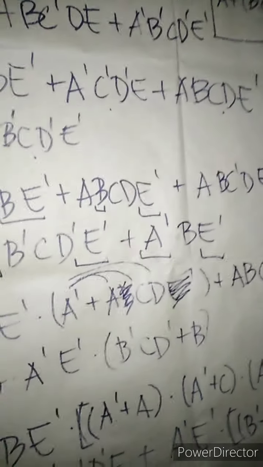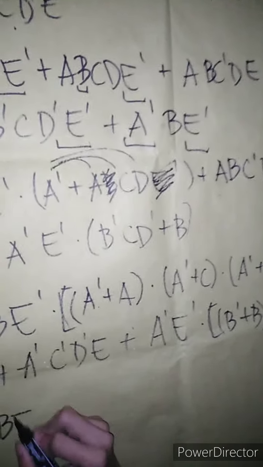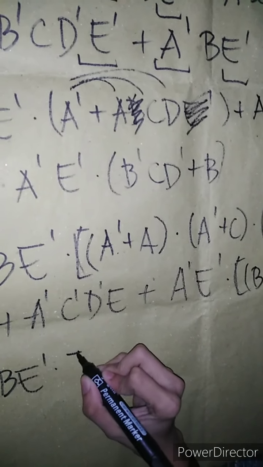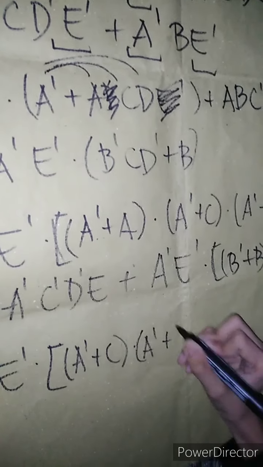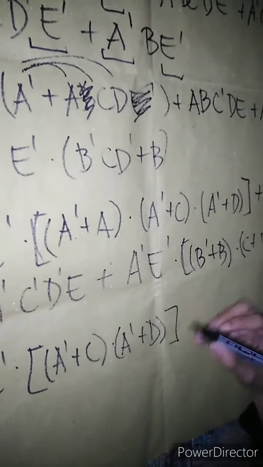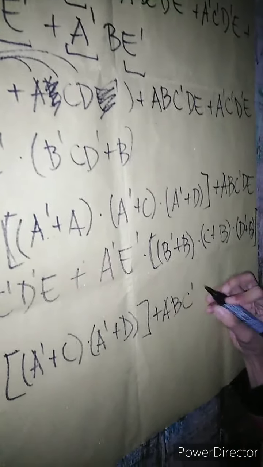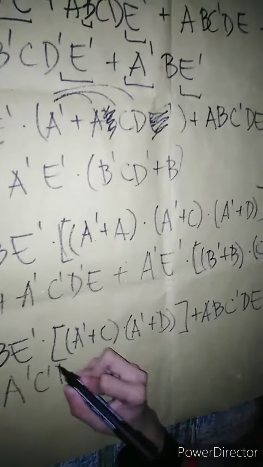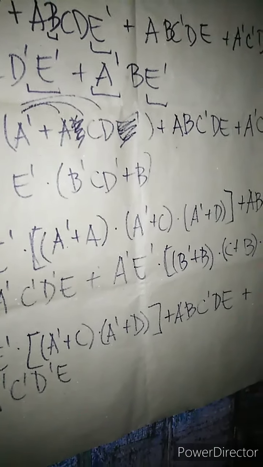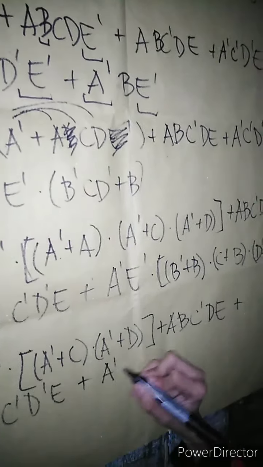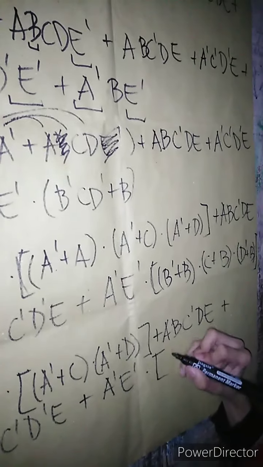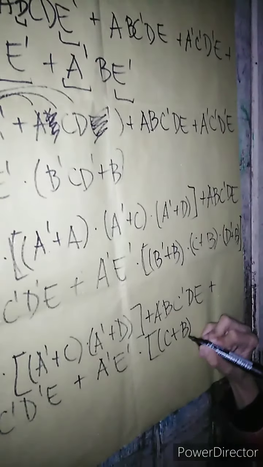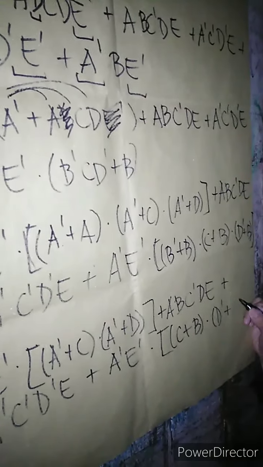Okay, so for this, we will have B or A prime or A, B, C prime, D, E, or A prime, C prime, D prime, E, or A prime, E prime, and the quantity of C or B and D prime or B.